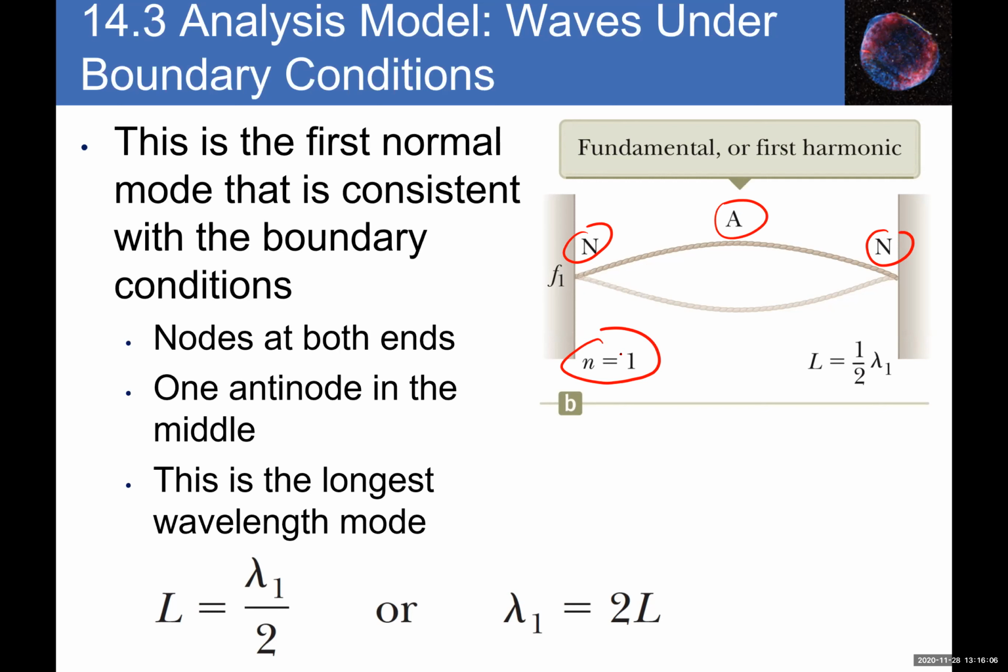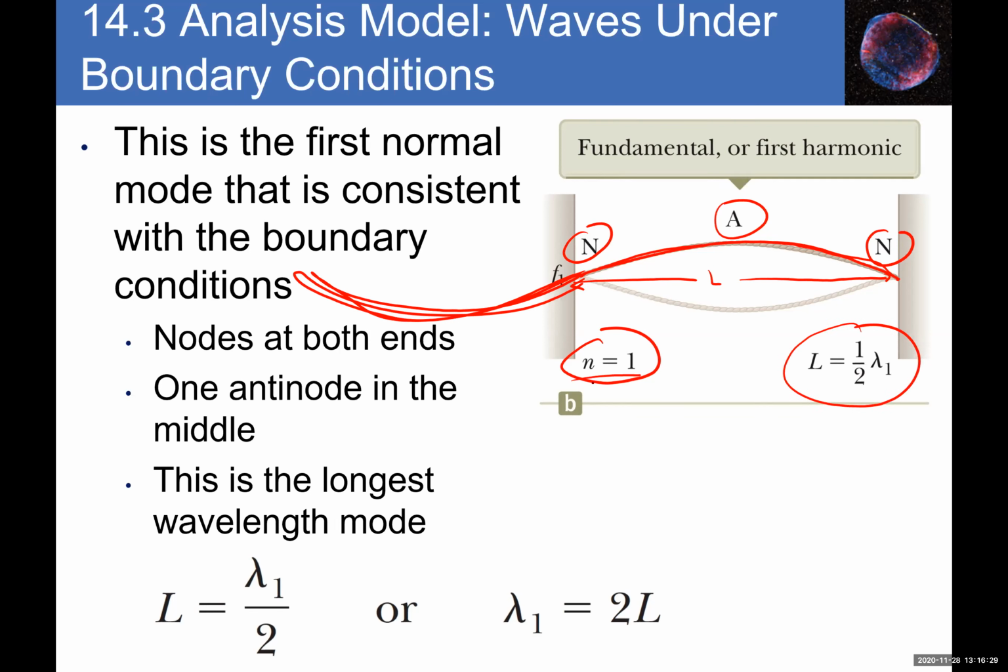All right, so also there's a relationship between the length L and the wavelength, because we can see here that this wave is only representing half of the wavelength. Let's say this would have been the actual wavelength, and then in this length L, we have only half of the wavelength when n is equal to 1.